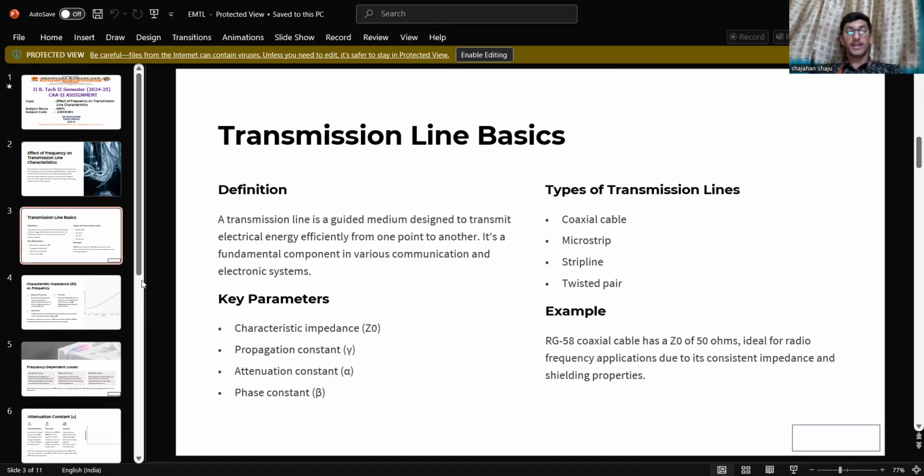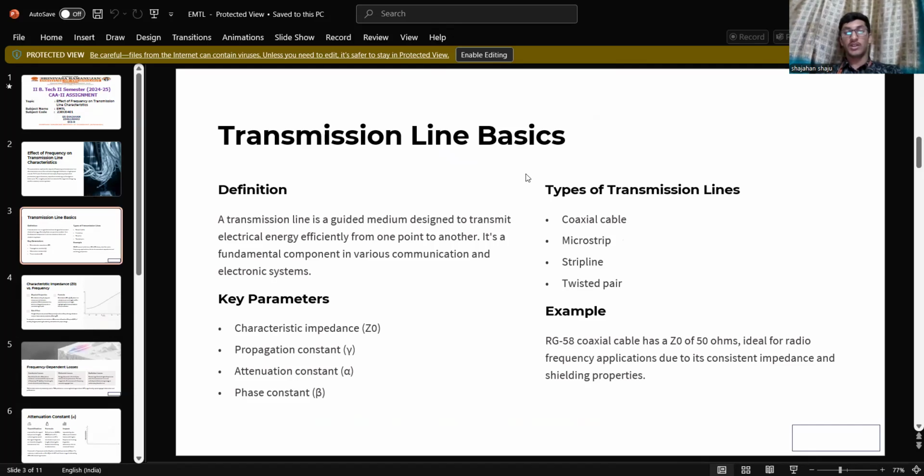Key parameters: characteristic impedance, that is Z0, propagation constant, that is gamma, attenuation constant is alpha, phase constant is beta. Types of transmission lines: coaxial cable, microstrip, stripline, and twisted pair.